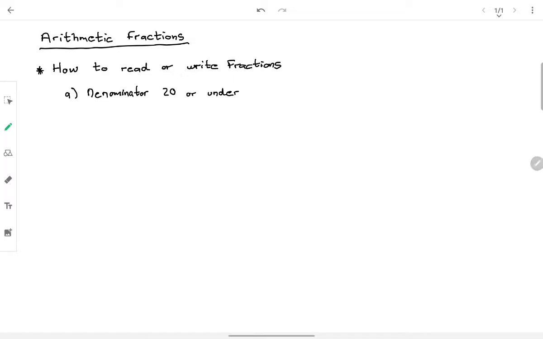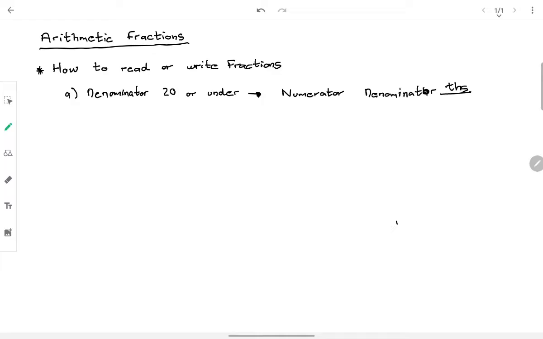It means if we have a fraction where denominator is 20 or under, we are going to name it like this. We'll put numerator, then denominator, with the ending THS.